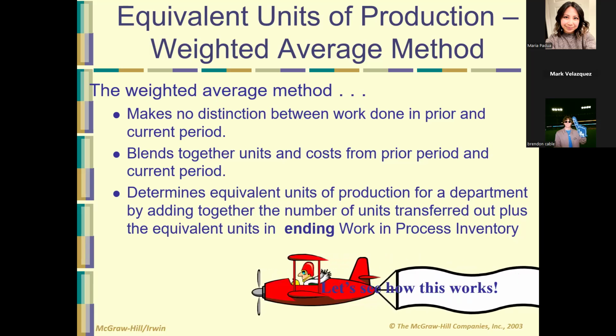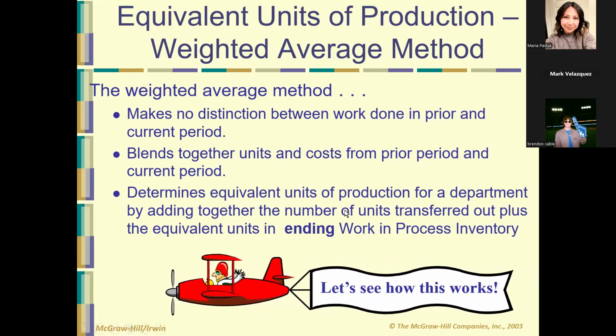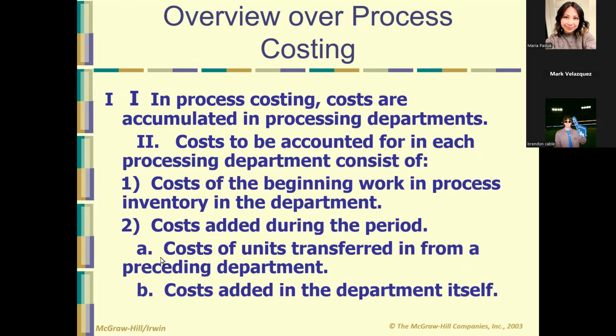We're going to be talking about something called equivalent units of production for a department. We're going to look at the units they had on hand at the beginning of the period, how many were transferred in, how many were transferred out, and what's left in the ending inventory. In process costing, we're going to accumulate the cost in departments.